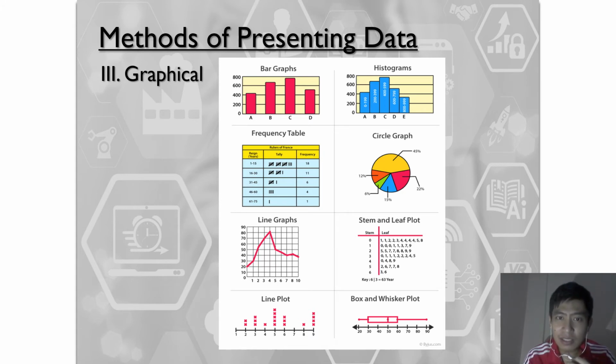The chart or the frequency table is for showing the highest or lowest scores. The line graph is for showing trends and patterns, and others.